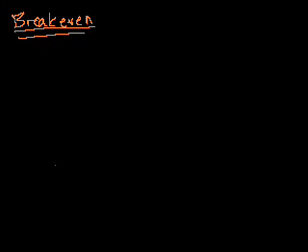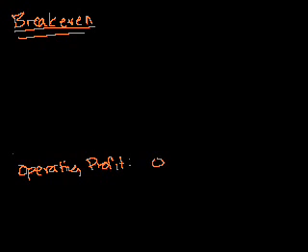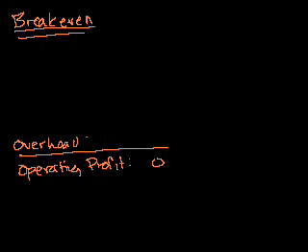So let's say I just want to know what has to happen for my operating profit to be zero, right? To not be negative. What's the minimum number of cupcakes I need to make, or what price do I have to charge? If my operating profit is zero, we know the overhead is fixed. This is a fixed expense. There's nothing I can do about it. If you want to have a cupcake factory, it will cost you $500,000.